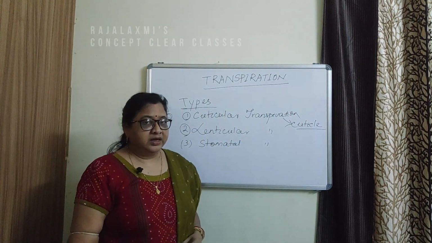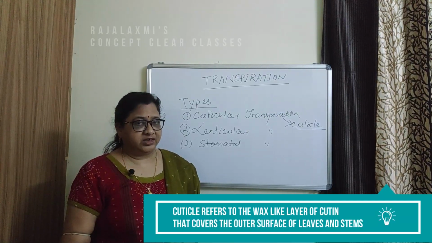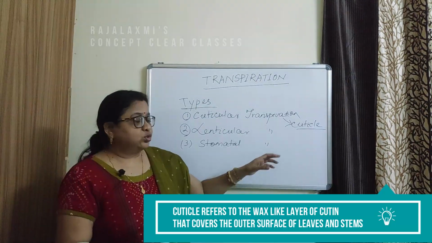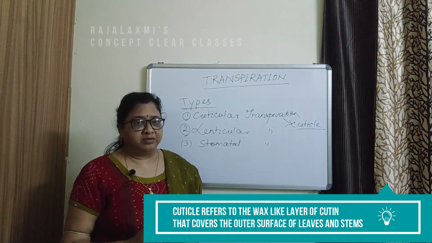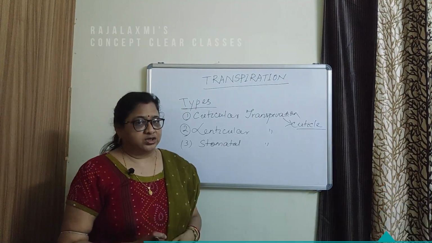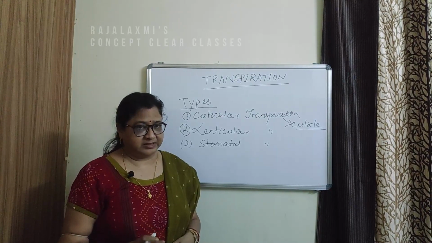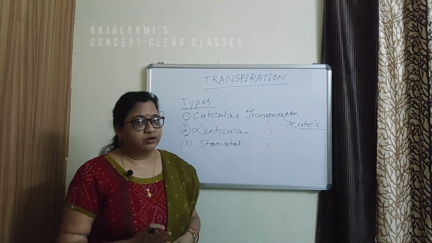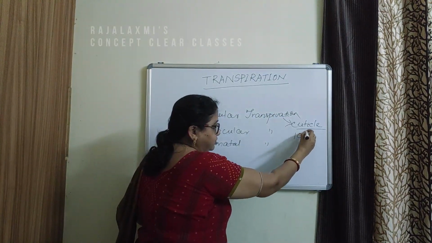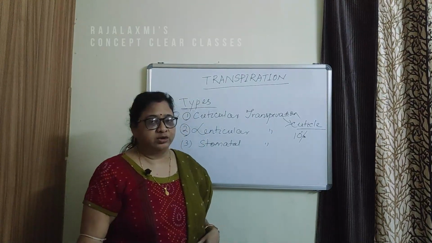What is cuticle? Cuticle is a wax-like covering present on the surface of the leaves and branches. Through this cuticle, a very small amount of water is lost. That is, water is lost from the general surface of the leaves and branches. This is known as cuticular transpiration. Only 10% of total transpiration occurs through the cuticle.